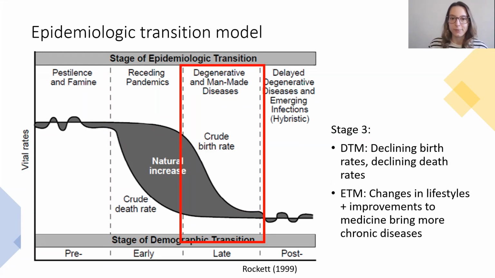So changes to lifestyles, improvements to medicine, but also more women entering the workforce, so they're not having as many children. And so this brings about another change in the epidemiologic transition model, where a lot of these changes to lifestyles have actually brought about an increased prevalence of chronic diseases. And again, you're seeing infectious diseases play a much smaller role.